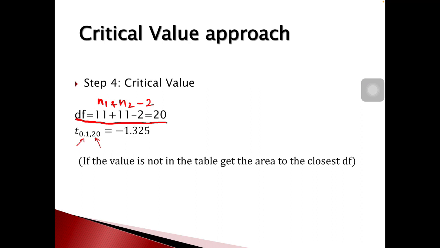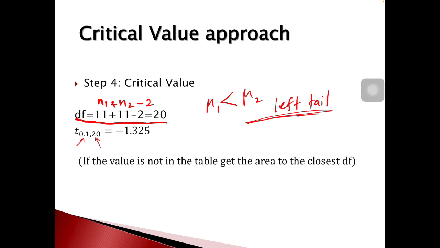Since our alternative hypothesis is less than, which means left tail, our critical value is always a negative value. We don't have negative values in the T table, so we have to consider whether the value is negative or positive using the side of its tail. Since we have a left tail, that critical value is always negative.